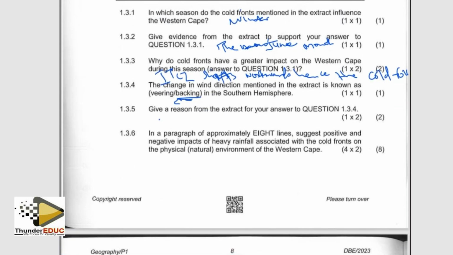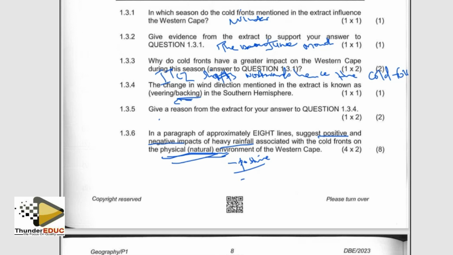So in the paragraph of 8 lines, we are talking about the positive and negative impact of heavy rains associated with the cold front on the physical environment. I will start with the positive.